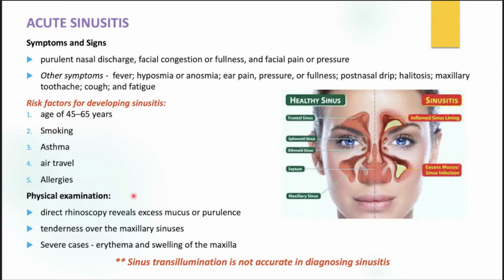The risk factors for developing sinusitis would be an age of 45 to 65, smoking history or current smokers, asthma, air travel, and allergies. On physical examination, rhinoscopy would usually reveal excess mucus or purulence, tenderness over the maxillary sinuses, and in severe cases, erythema and swelling of the maxilla.